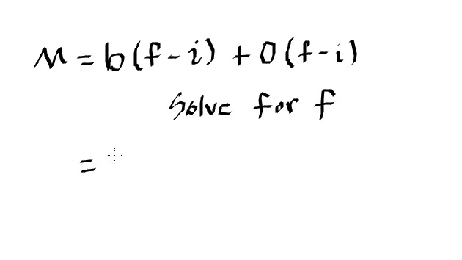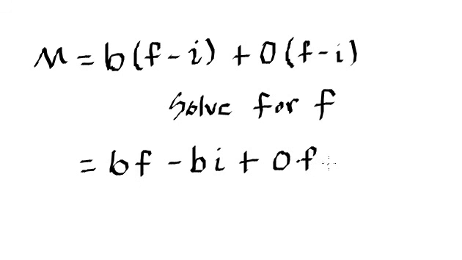So we end up with BF for best friend minus BI, and I don't know, you can figure out what BI is short for, O times F minus O times I.